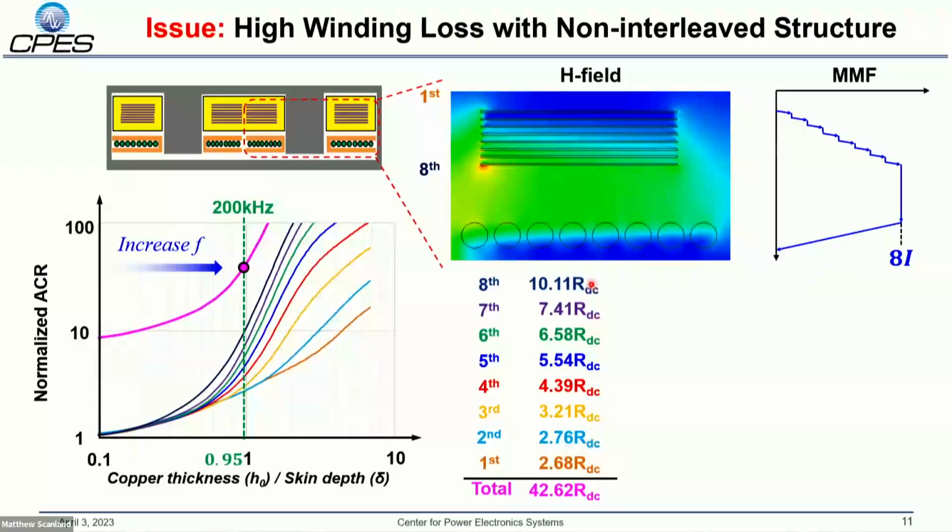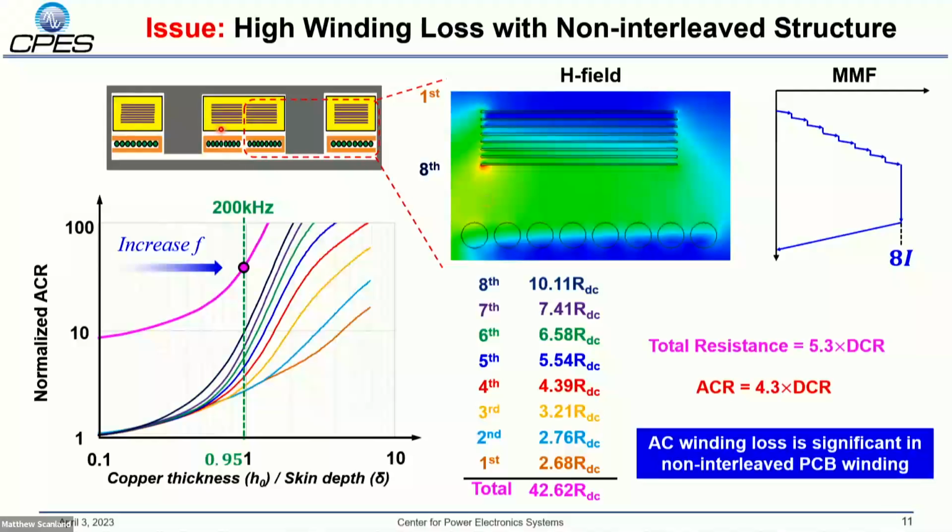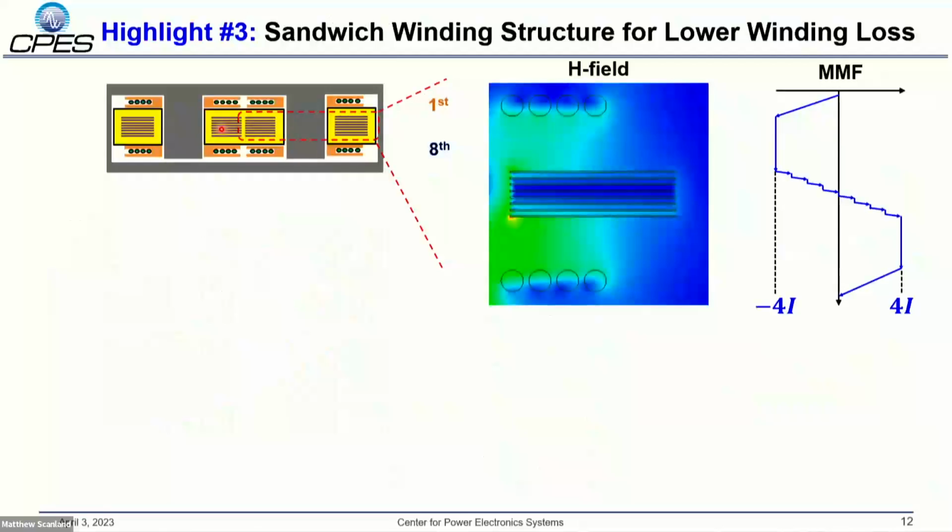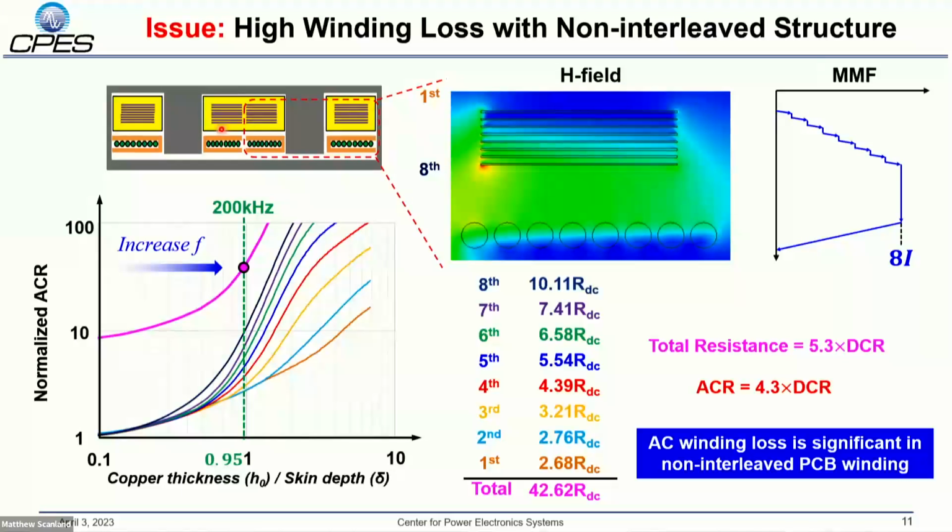If we further increase this to the AC terms, the AC resistance will reach around 10 times the DC resistance, which means the total resistance for these 16 turns will equal around 5 times the DCR, and the AC resistance of this structure will come to over 4 times the DCR. So the AC winding resistance is significant with such a non-interleaved PCB winding.